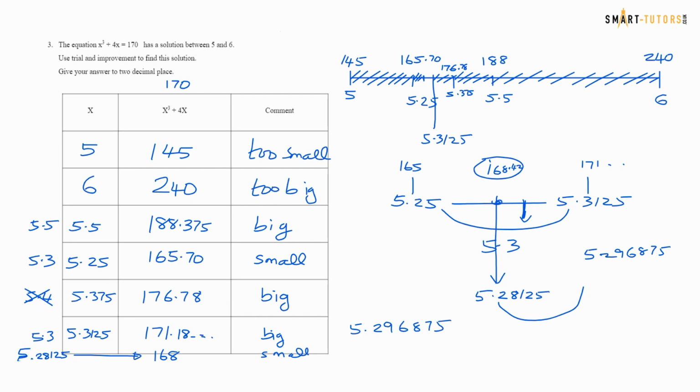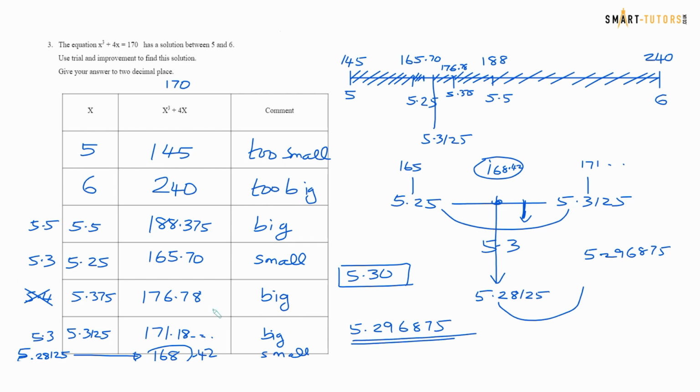If I approximate this one, it is going to be 5.30, so that is the answer for 2 decimal places. More accurately, if you want, we can do another step. I will stop at this level, with 168.42 and the next one.